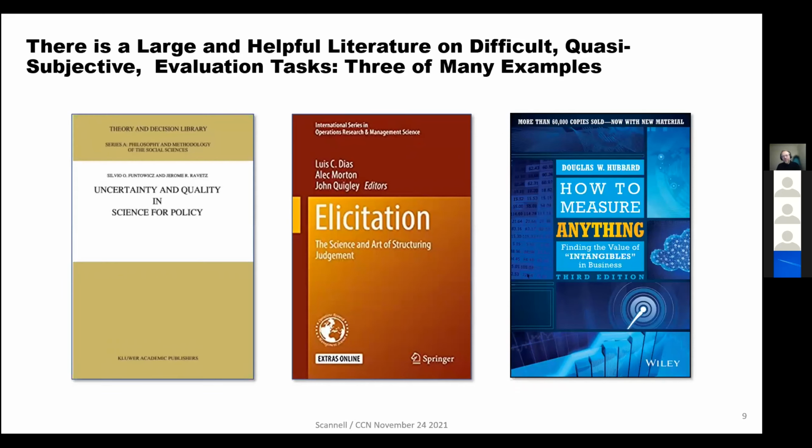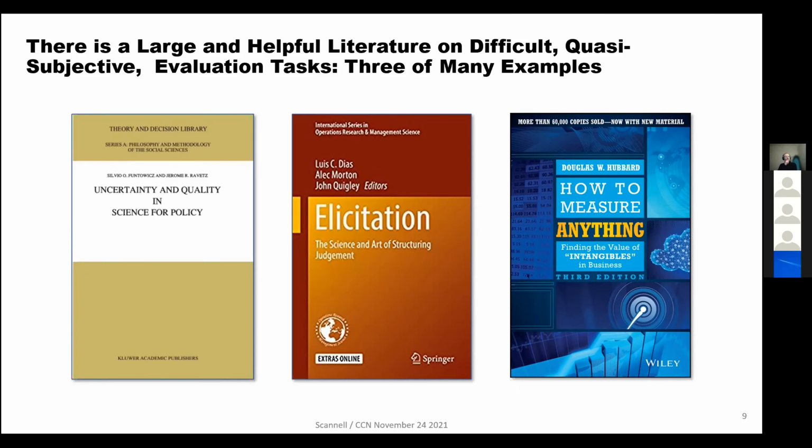I'm not going to get into these books in any detail, but there is actually a large and very helpful literature on the problem of quasi-subjective or subjective evaluation. We can't wait 15 years and have lots of failed trials, but there's a whole bunch of things you can do to try and judge whether the models one is using may have higher or lower predictive validity. I would particularly recommend here the book on the left and the book on the right.